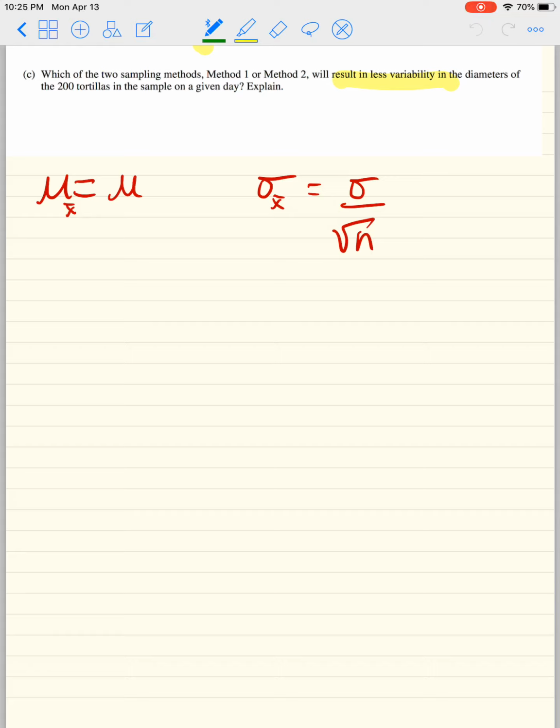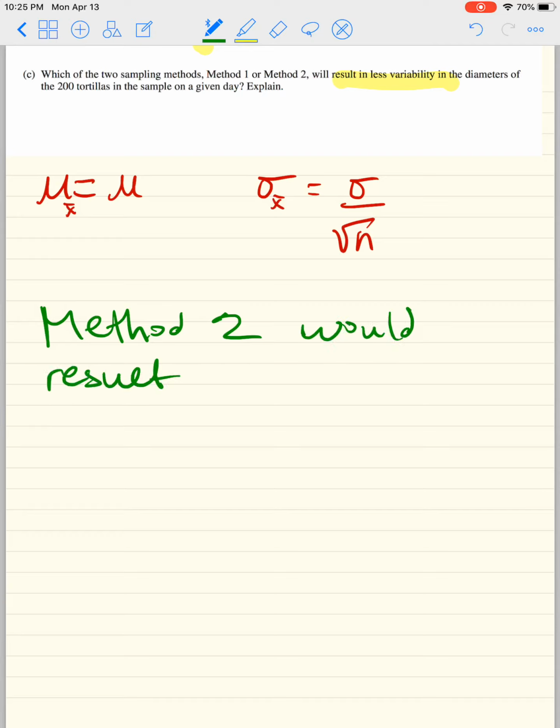Because the distribution of the diameters is not the same for the two production lines, selecting from both lines will have a bigger standard deviation. So the answer for this is method 2 would result in less variability.